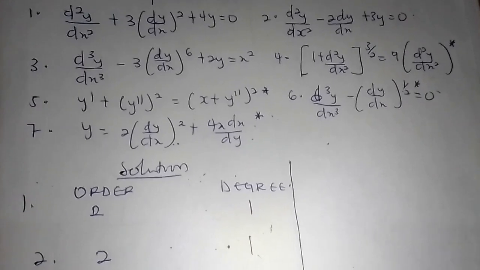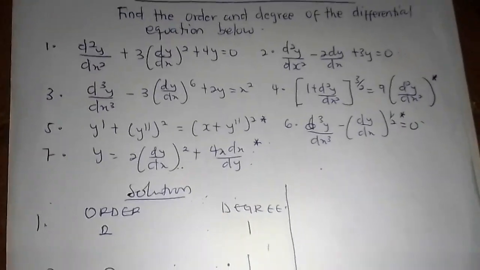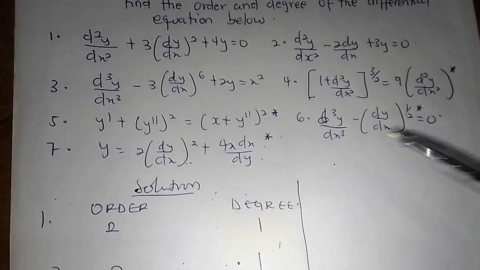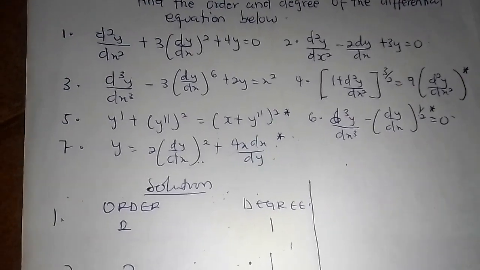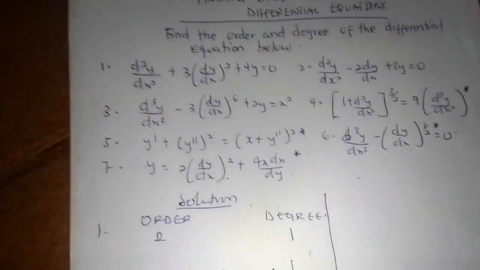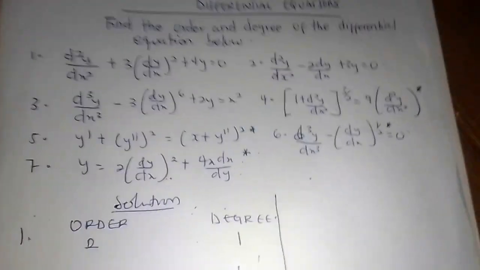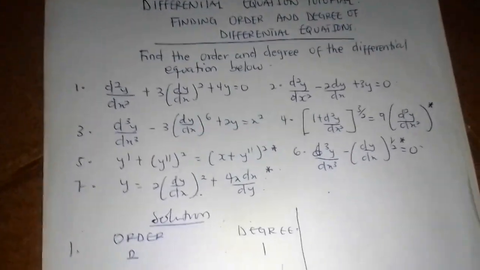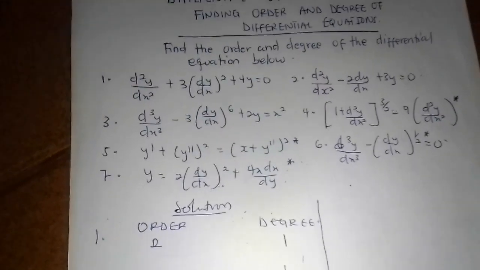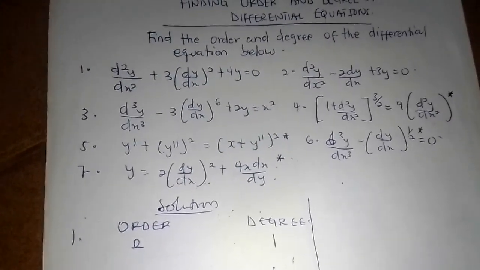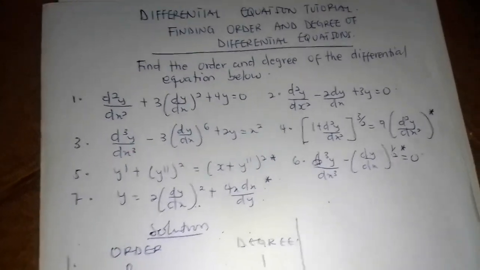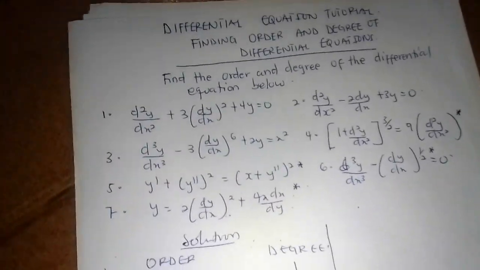So for the order, it's simply the highest derivative, so there's no need for that. But for the degree, the differential equation should be in the form of a polynomial before we can go ahead to find the degree. So if you have it in a polynomial, you don't have powers of fractions, so you have to eliminate every fraction in it before we can find the degree.